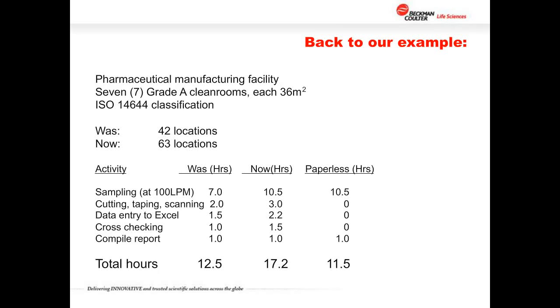So if we look at this example and we say, well, a lot of the time we spend in working with this is taping, scanning, data entry. Could we eliminate those? Yes, with certain electronics, you can bring those tasks down to zero. You still are going to end up spending time for sampling the points. Can't minimize that aspect of it. Still have to go out and get the data set. But once you have the data set, you don't have to spend as much time crunching it.